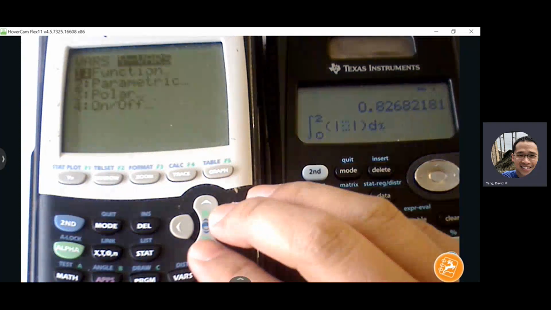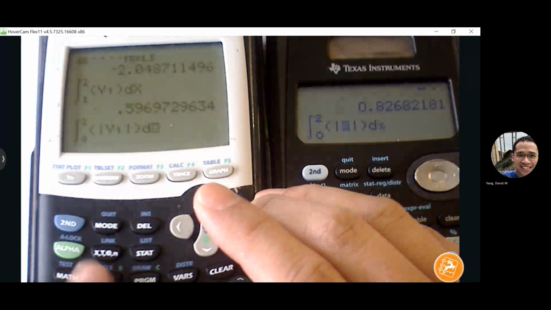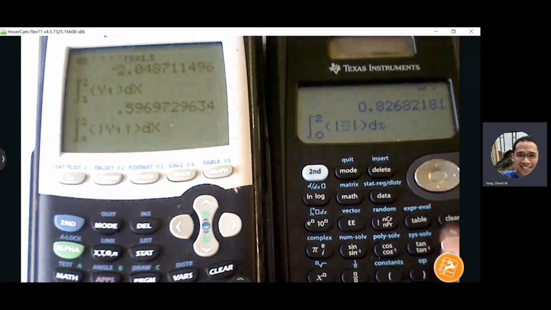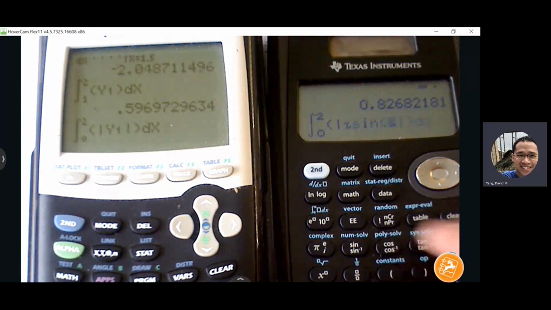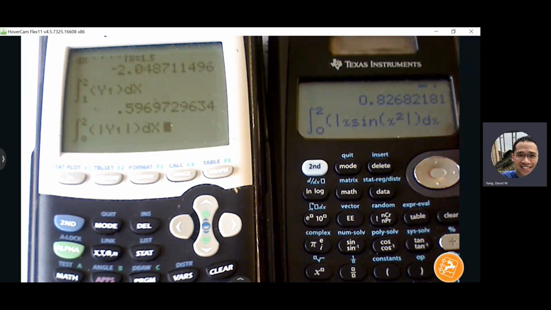So here I'm going to call it under bars, y bars, 1. And then here I have to type in x sine x squared. Okay, it may take a moment.